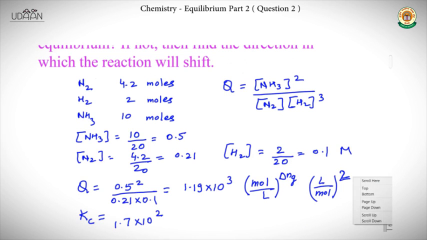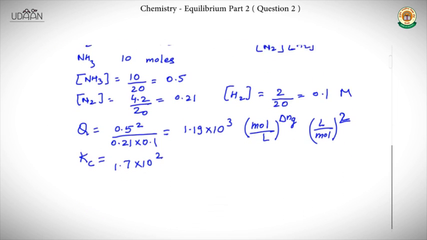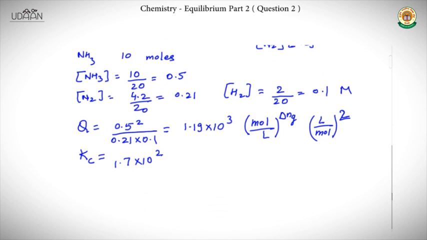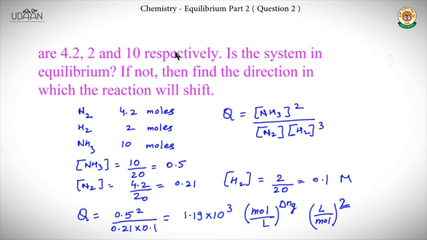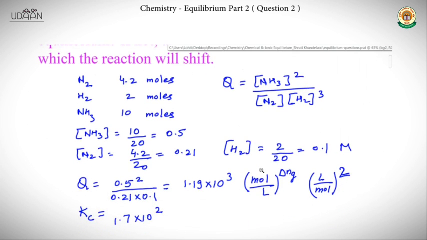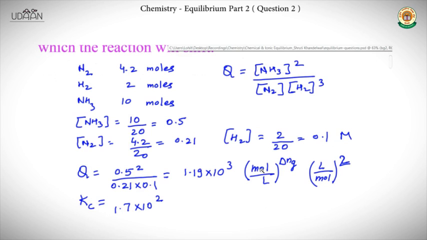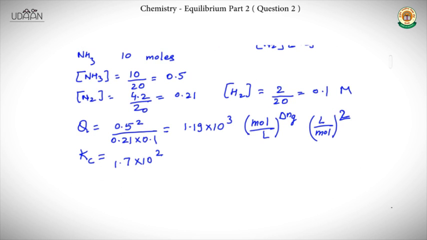Now if we compare Q with Kc, we find that Q is not equal to Kc. That means the reaction is definitely not in equilibrium. That answers the first part of the question. We move on to the second part, where we need to find out the direction of the reaction. Since Q is greater than Kc, the reaction will shift backwards.